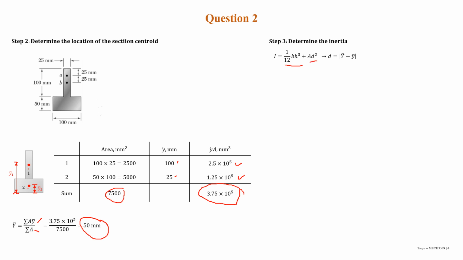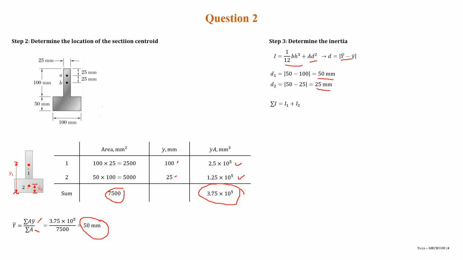D is found by subtracting the section centroid from the y, and we make it an absolute value. So if it is found to be minus, the answer will stay positive. Here we found D1 is 50 minus 100, which is 50 millimeter, and D2 is 50 minus 25, which is 25 millimeter.